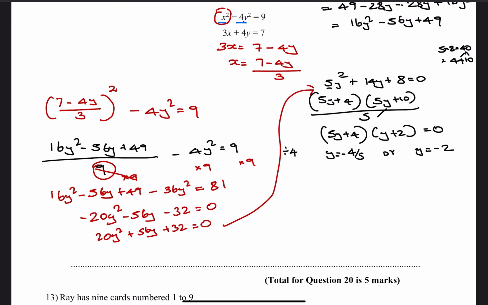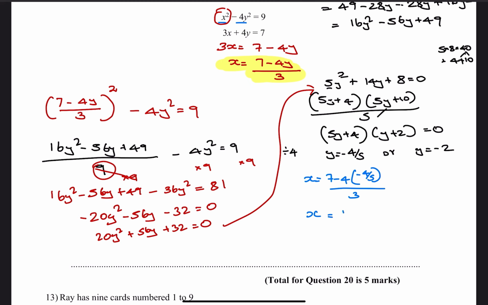Now you have to know what the x value is, but I already made x the subject anyway. My subject is here, look, substitute in here. So x is equal to 7 minus 4 bracket minus 4 over 5, divided by 3. Plug it through a calculator. 17 over 5.